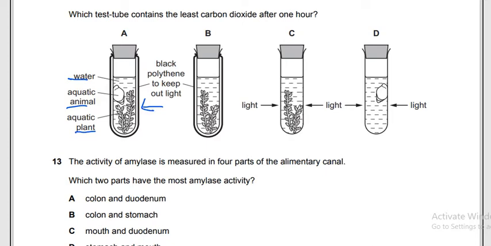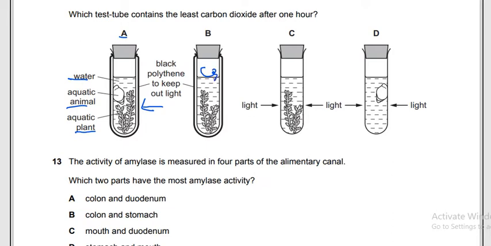If light cannot go in, the aquatic plant cannot photosynthesize, and the aquatic animal will respire and release carbon dioxide. So the carbon dioxide concentration here will be high, and we are looking for the one with the least. Here the plant is not photosynthesizing, so it's not using the carbon dioxide in this solution, so the amount of carbon dioxide will still be high.